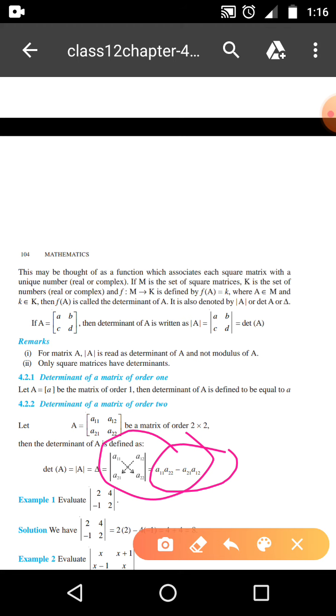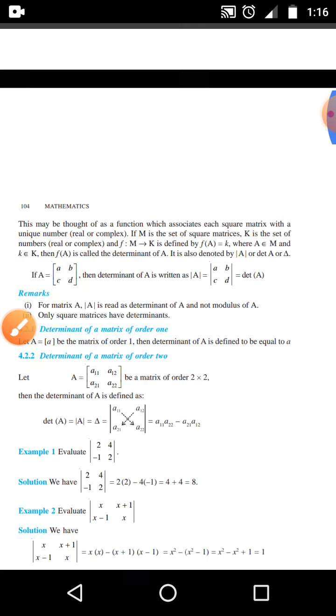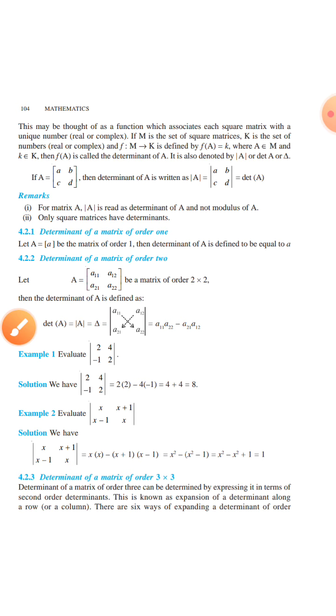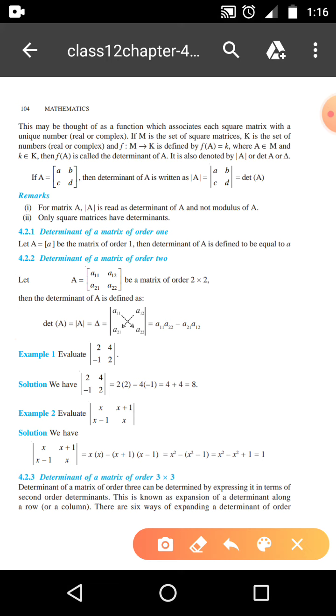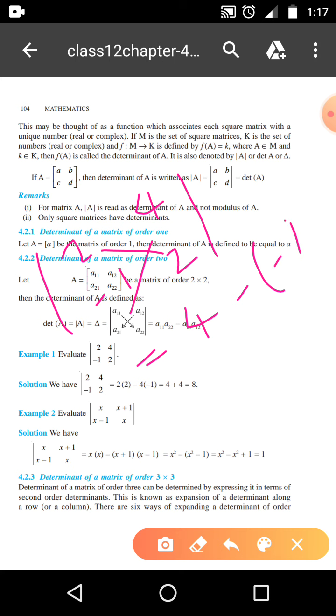Okay, so we see some examples. Evaluate this, which is very simple: 2, 4, minus 1, 2. This is equal to 2 times 2 is 4, and minus 1 times 4 is minus 4, but the minus sign is already there, so this becomes 4 plus 4, which is nothing but 8.